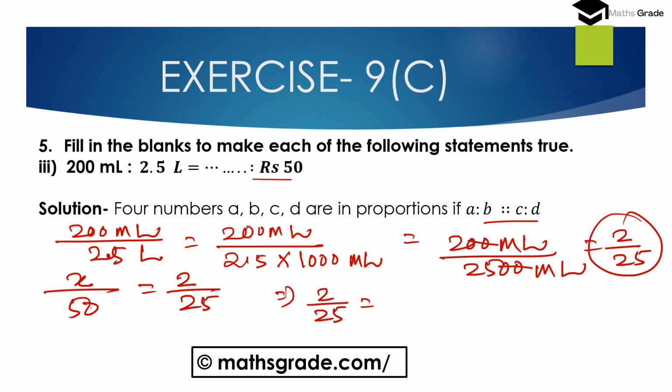We know in the table 25 multiplied by 2 is 50. So we have to multiply the same number 2 with the antecedent 2. 2 multiplied by 2, that is 4. 4 divided by 50. So x will be 4 rupees.